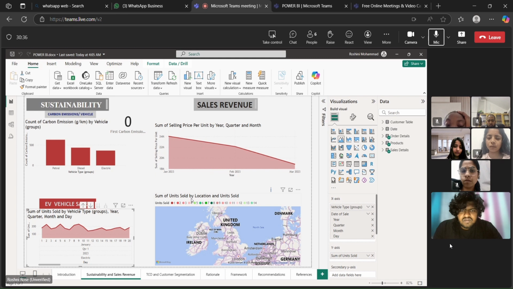In the second visual we have a map showing EV units sold across different countries or locations. The bubbles represent the number of units sold in each city, and we can clearly see cities like Manchester, Sheffield, Birmingham, Leeds, etc. This means those are strong performing regions for our EVs.